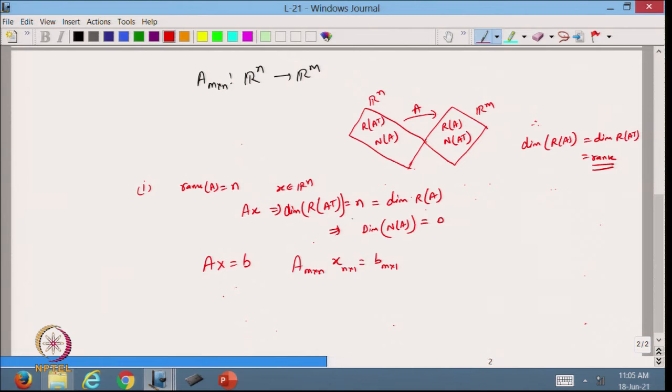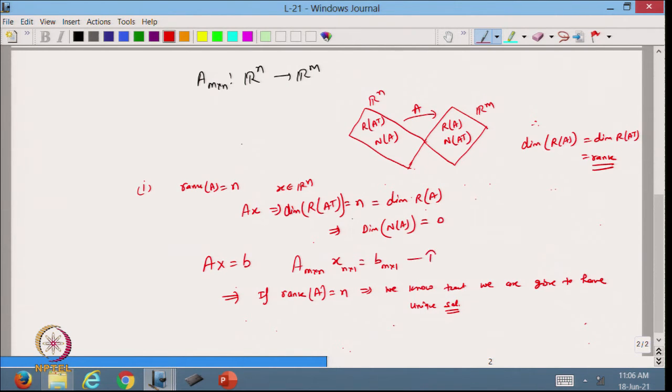Now, if the rank of matrix A is n, then we know that we are going to have a unique solution.